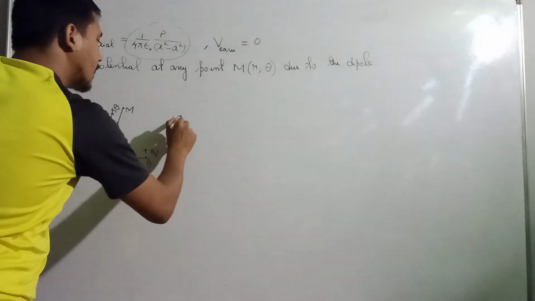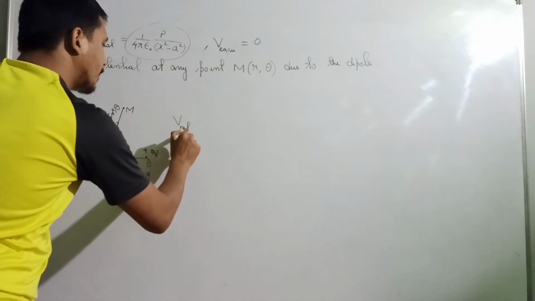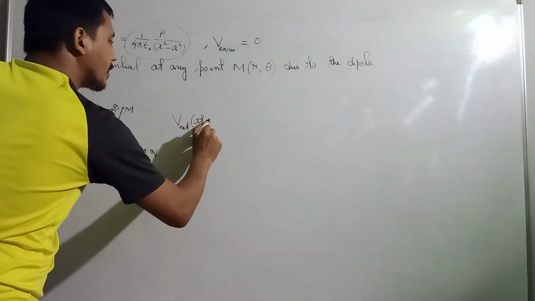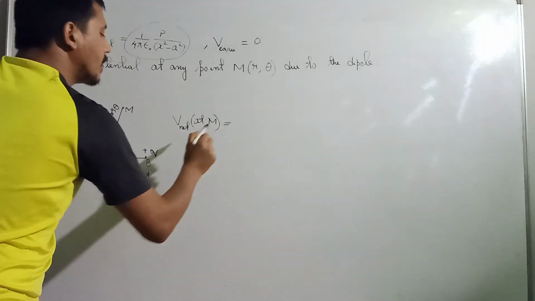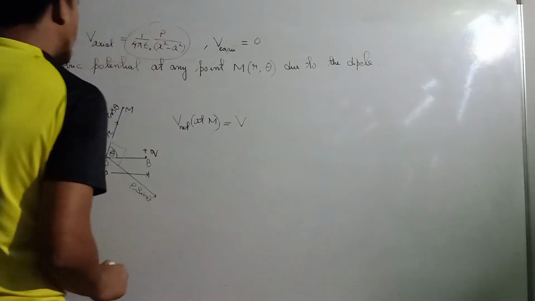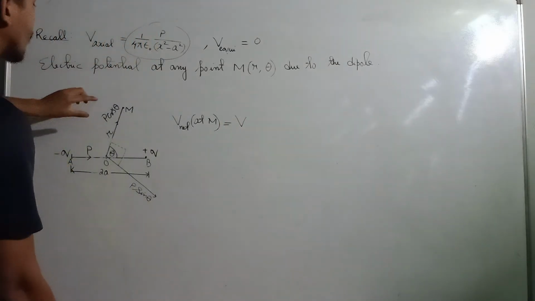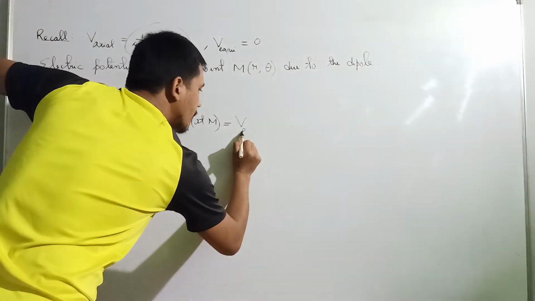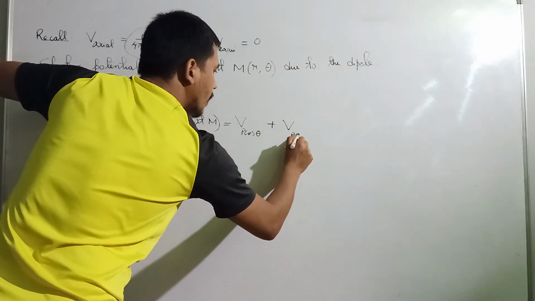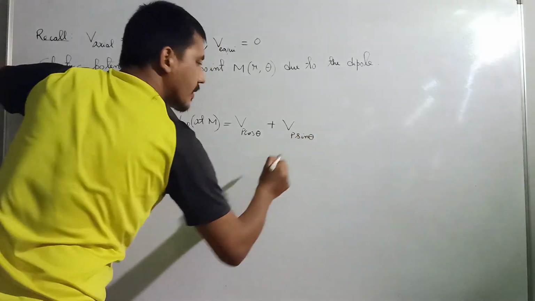So therefore, net potential at M will be due to what? The potential will be the potential due to this dipole P cos theta plus potential due to the dipole P sin theta, right?